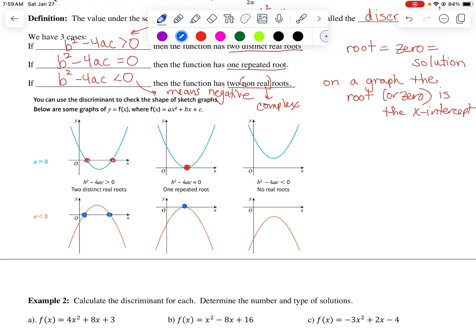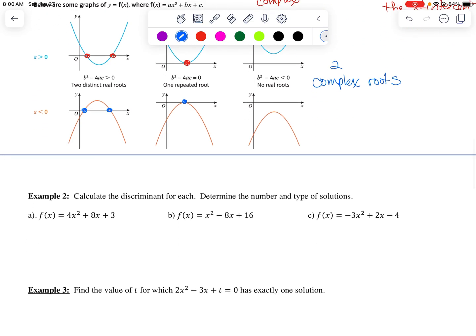And then in the third case, where the discriminant b squared minus 4ac is negative, it's not going to touch the x-axis. There's going to be no real root. Or, in other words, when we say no real root, they're complex. No real roots or two complex roots.